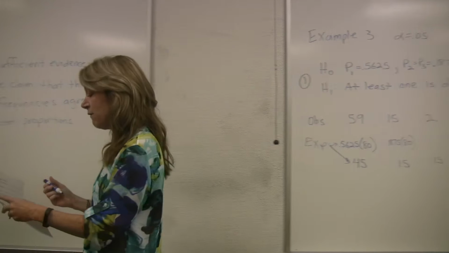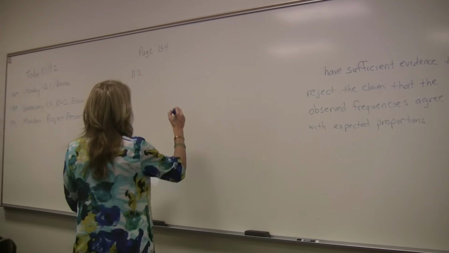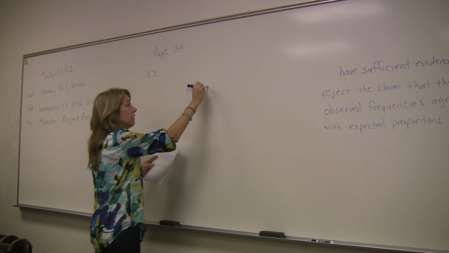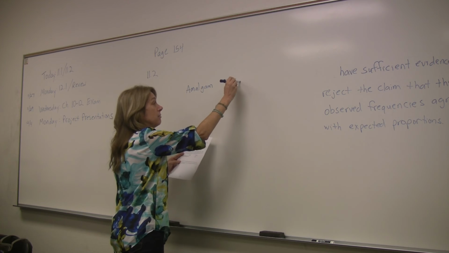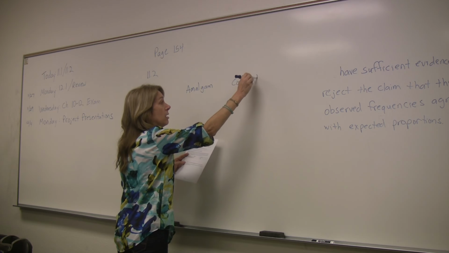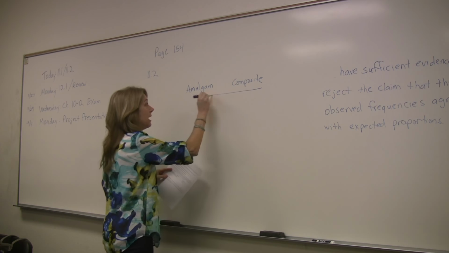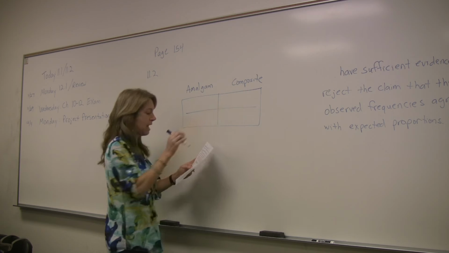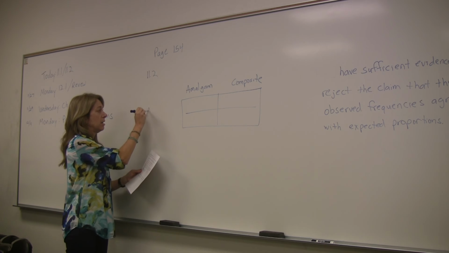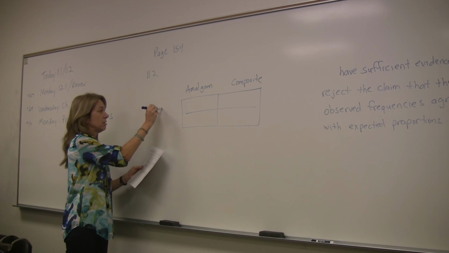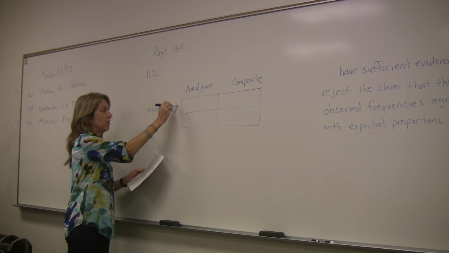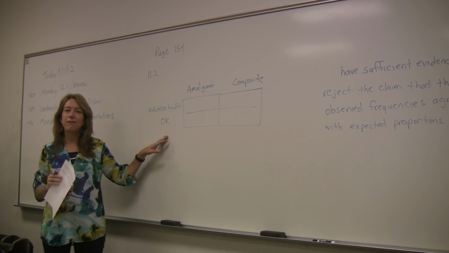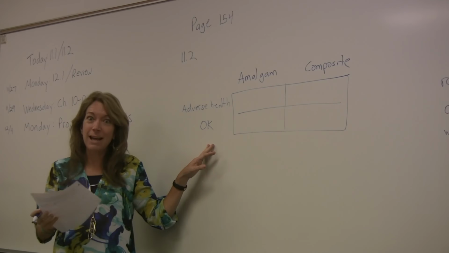So they have this table here where they took a bunch of people. Some had the amalgam restoration, some had composite. And then they counted, in those two groups, how many had adverse health conditions. I'm paraphrasing here. And how many were okay. That's not the word you have there, but if you don't have adverse reactions, you were okay.